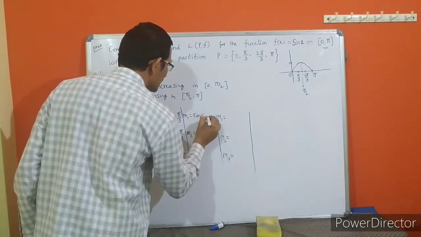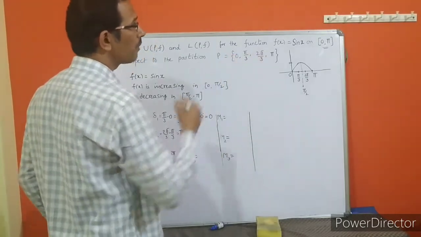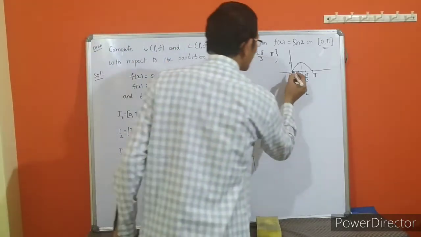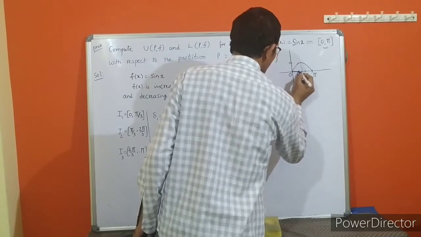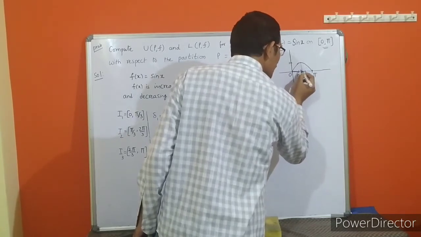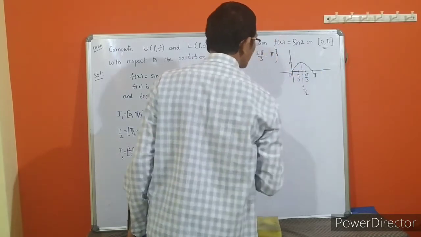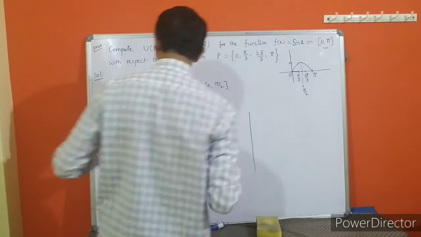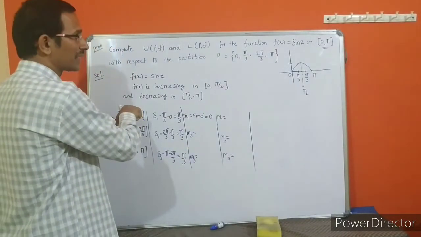So sin 0 is the smallest value. This is because sin is an increasing function in 0 to pi by 3. Of course, it is increasing from 0 to pi by 2, and 0 to pi by 3, the first subinterval, lies within 0 to pi by 2. Therefore, in this interval sin is increasing, so the minimum is at the minimum value of x.